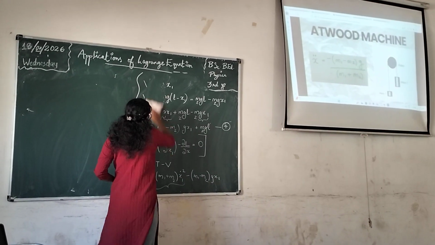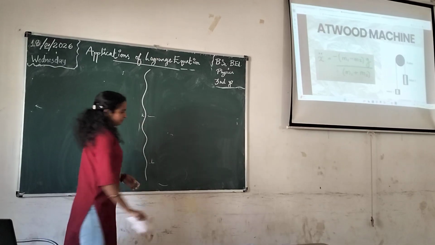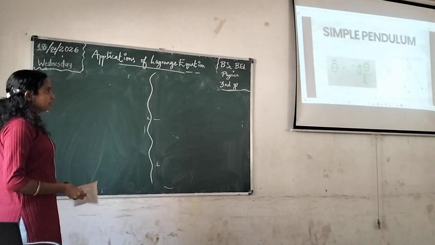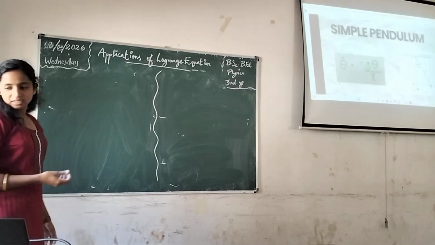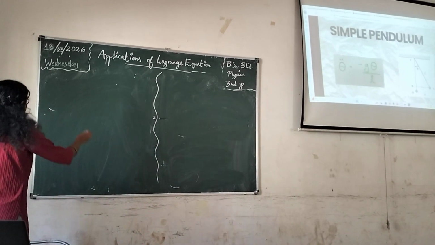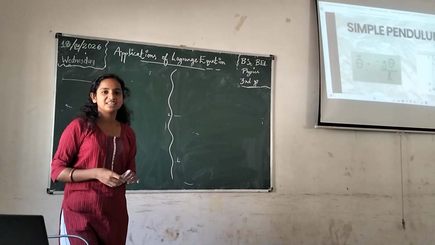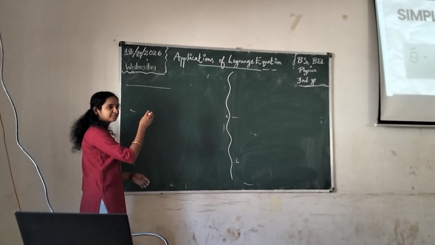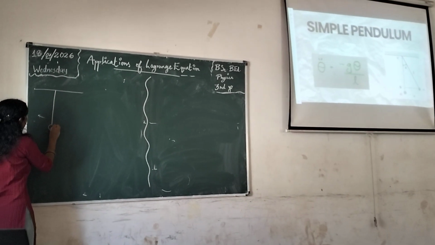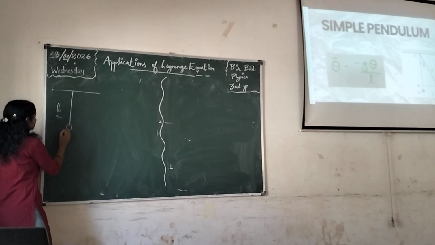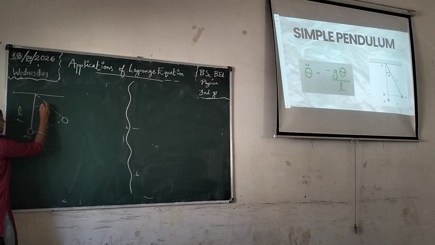I hope you all know the setup of a simple pendulum. A simple pendulum consists of a mass m1 held using a string of length L. It is making a movement and we have our angular displacement as theta 1.